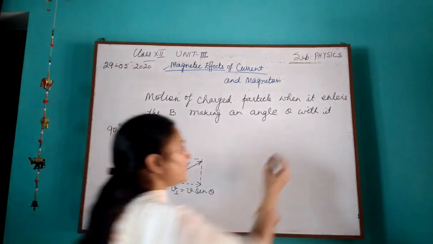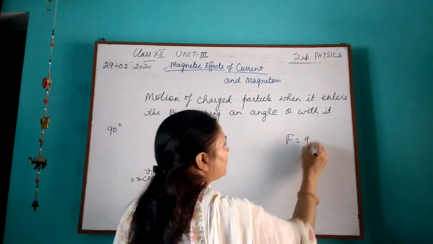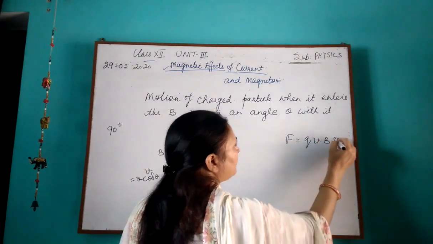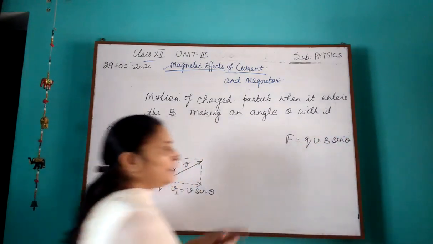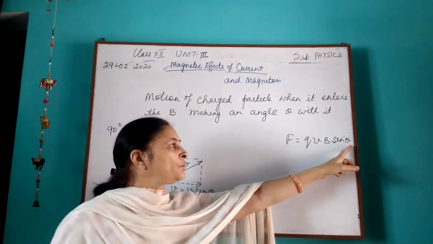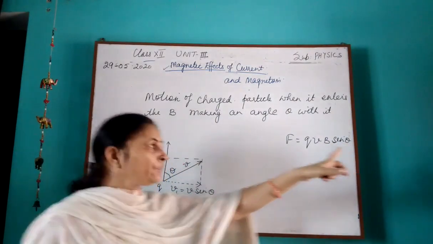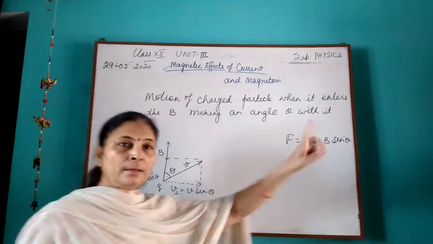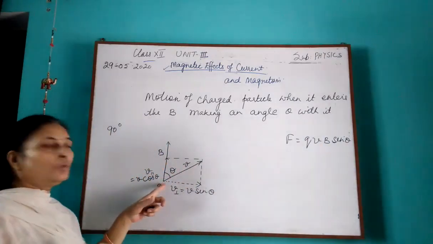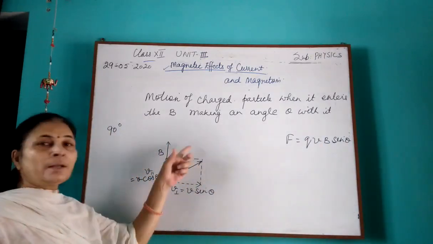Now from the formula itself, F equals QVB sine theta. We had seen that for theta equal to 90 degrees, the force is maximum and the particle moves in a circular manner. This we have done yesterday.